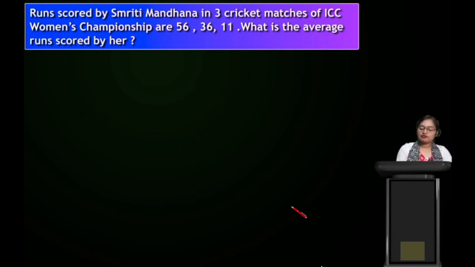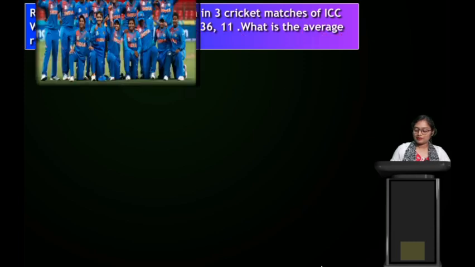Yes, here we have to find out the average runs. What does the average runs mean? Here we have to find out the mean runs. There is another name for mean, that is the average. So here you can see these three are the scores scored by Smriti Mandhana in 3 cricket matches. So now let's start solving this.